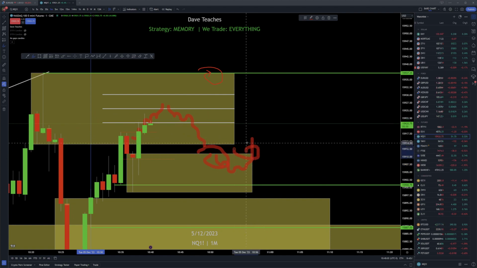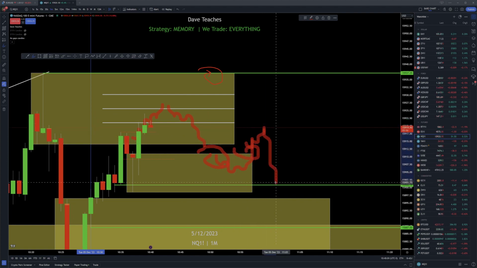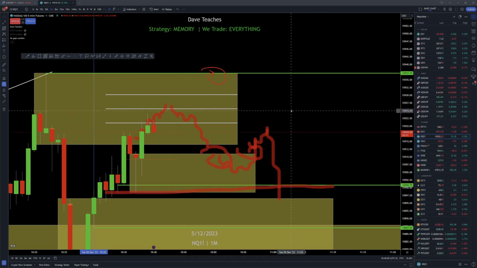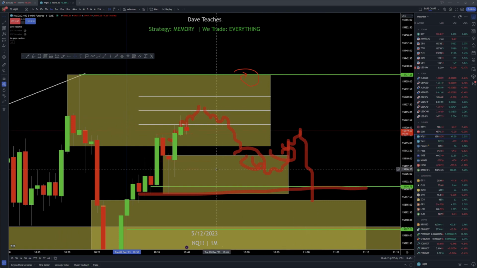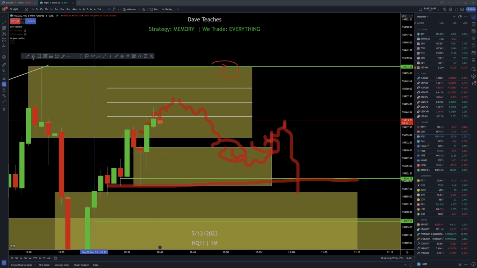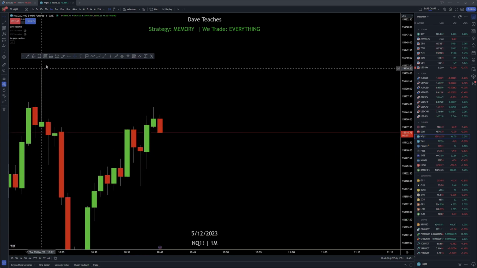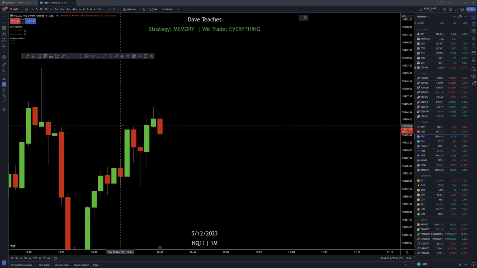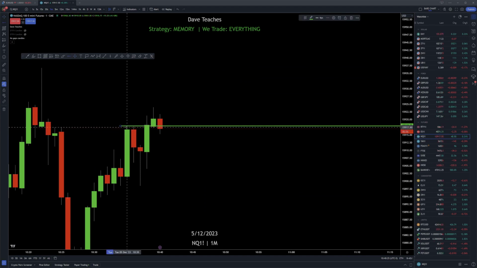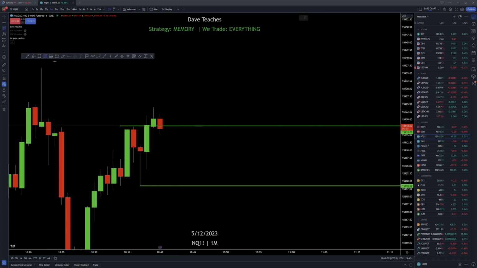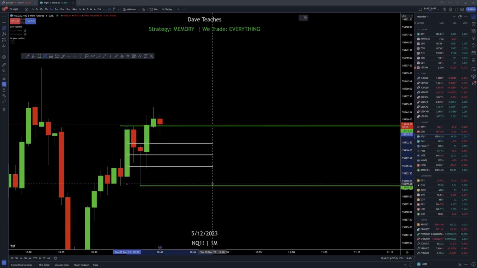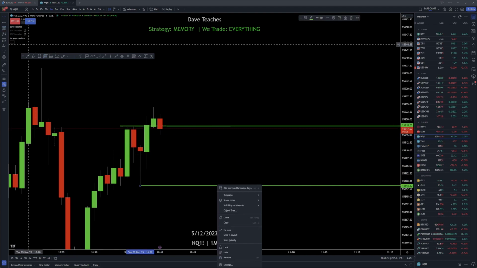If this move doesn't give us that push up, then what you often see is price drop back down and take out this low. And the swing in this area is from this high, this bullish candle's high, to this bearish candle's low, just like that.